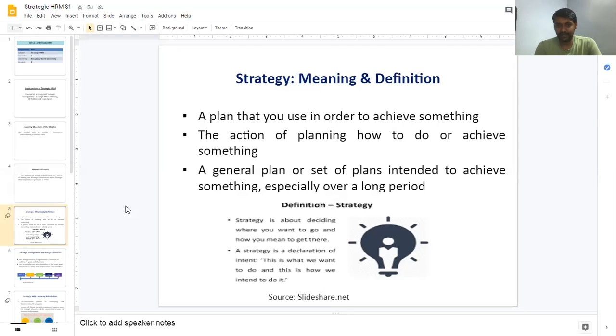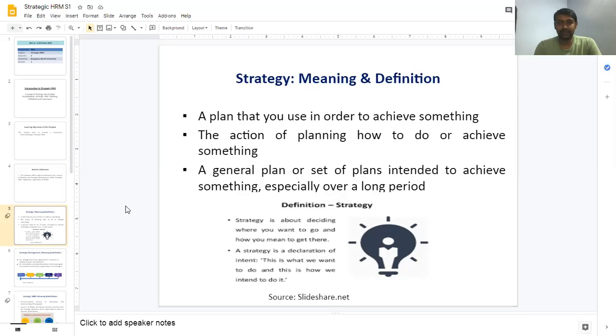We can also define it as deciding where you want to go or how you mean to go there, or it is a declaration of an intent. See, in an organization, if you want to achieve certain objectives or goals, it is the prime task of every manager, especially the HR manager, to understand how we will accomplish these objectives.